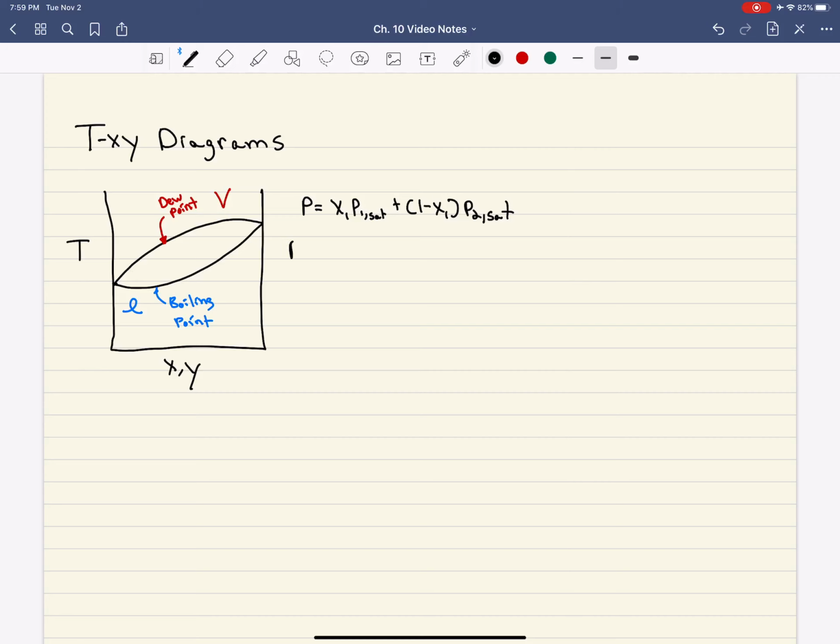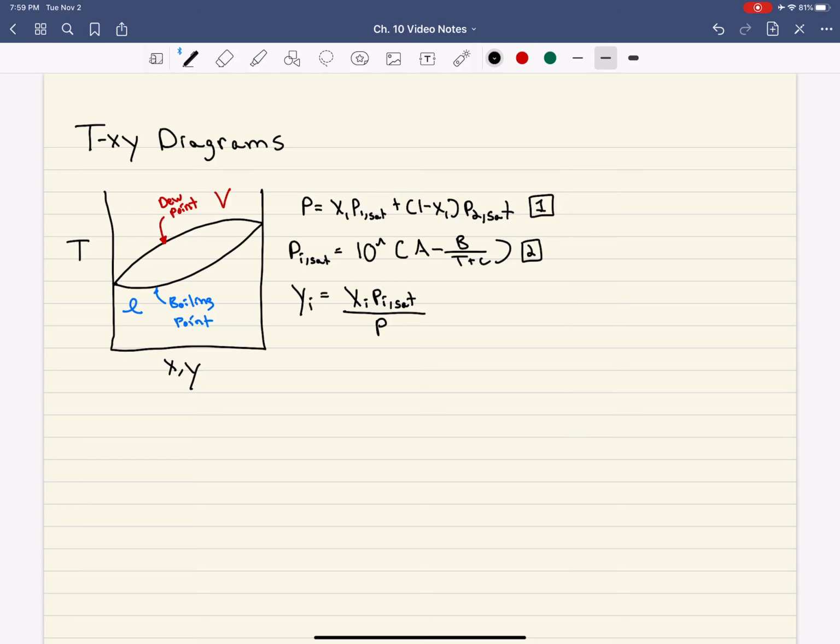For the vapor pressures, the saturated pressures, you still use Antoine's equation. And then for the vapor mole fractions, you would still use this equation.